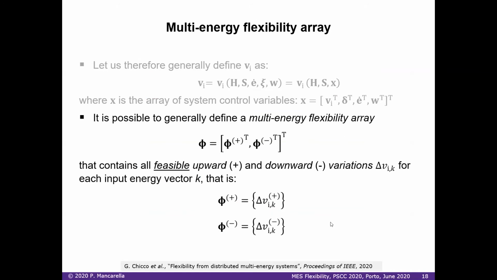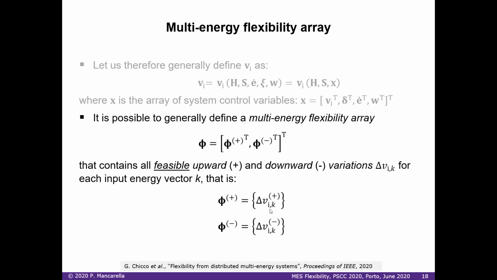Now, how do we define formally this flexibility that we mentioned a few times, but not really formally defined? Well, we can introduce a multi-energy flexibility array, we call phi in general. And then of course, we can talk about upward and downward flexibility. And we will associate this to the set of all the feasible variations delta VI for each k, where k is each input energy vector.